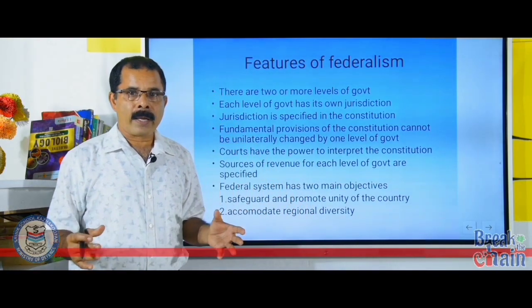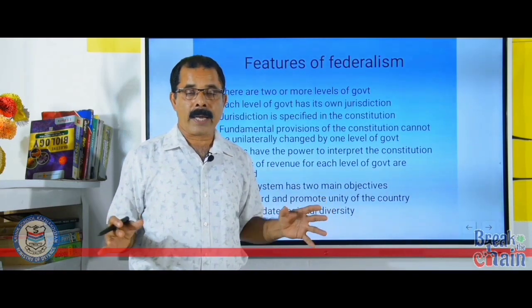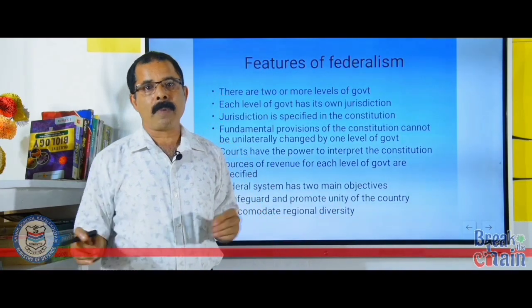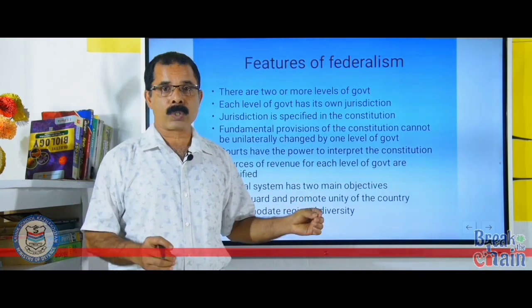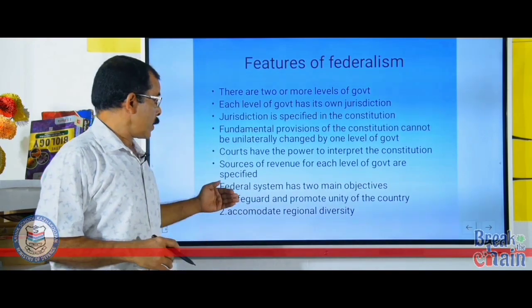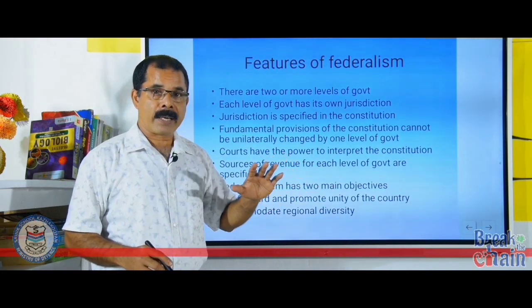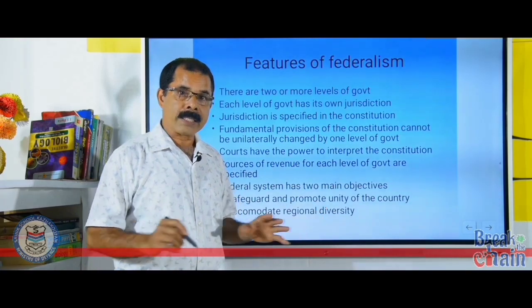That's why our constitution makers have very categorically and clearly defined the financial powers of the states and the central government. Now they are again mentioned and they are very categorically registered.